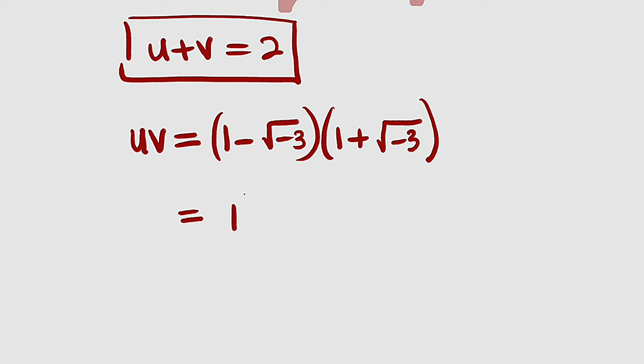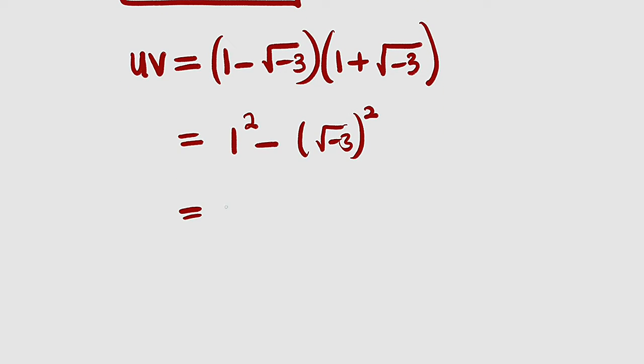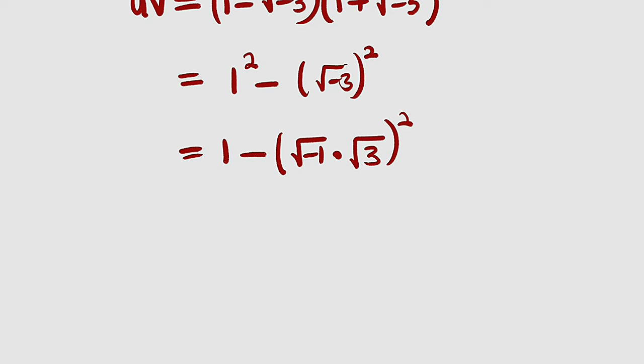We take the first term, we square that, we subtract. We take the second term, which is the square root of negative 3, we also square that. 1 squared is equal to 1 minus, and you should know that the square root of negative 3 is the same thing as the square root of negative 1 multiplied by the square root of 3, the whole of this squared.